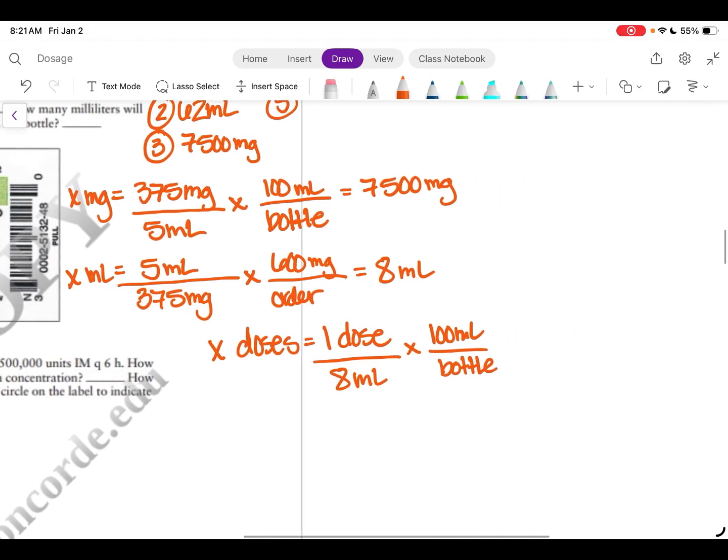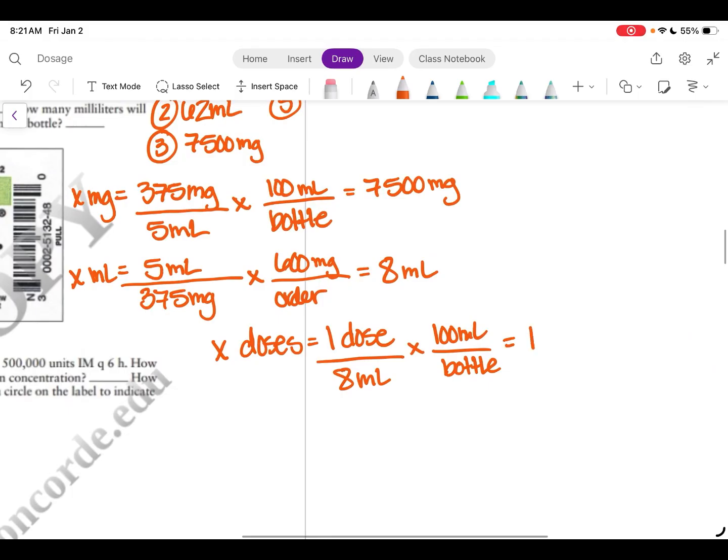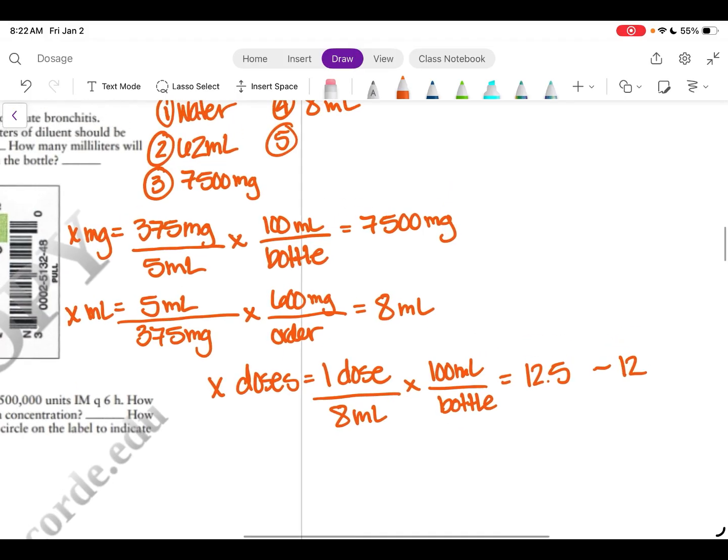So this is going to be equal to 12.5, which as I did in the previous problem, I'm just going to round it down and say that there's 12 full doses in the bottle. Okay.